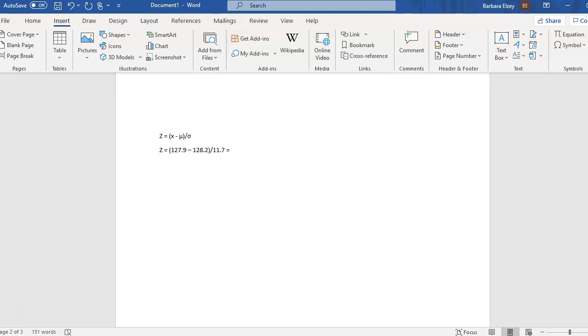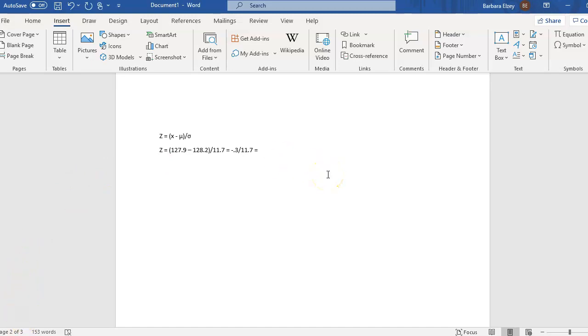And we want to work through this problem. So first, let's start by subtracting the two top numbers. That gives us negative 0.3. And then we need to divide that by the 11.7 that's on the bottom. So let's do that calculation.